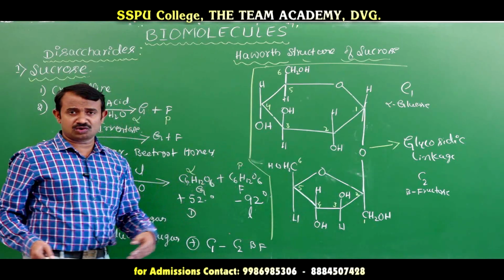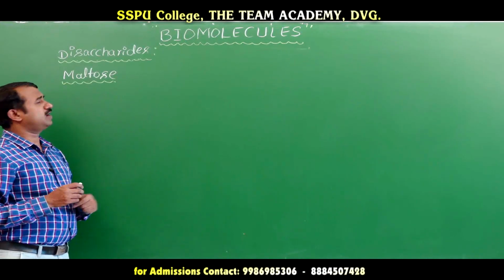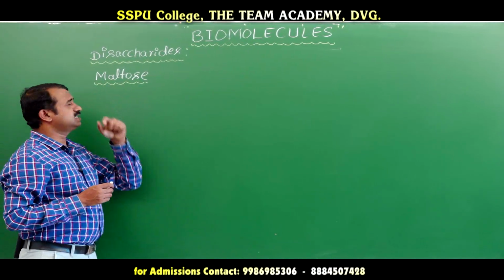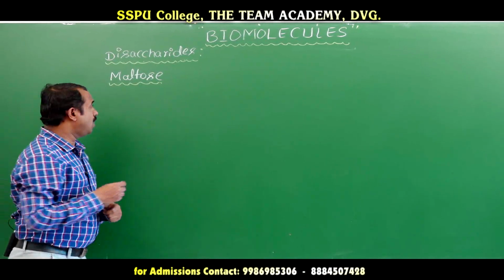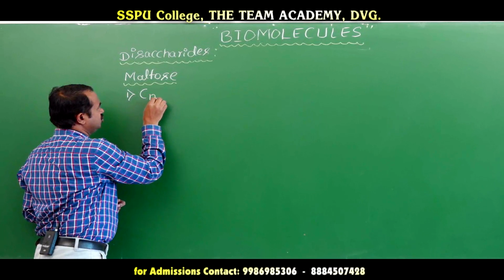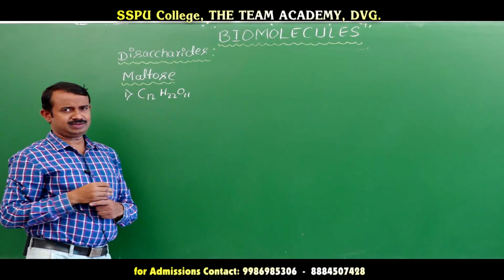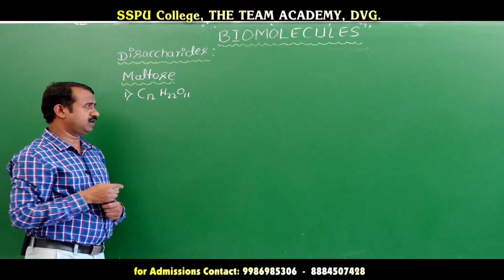Next we will go one by one to another disaccharide, that is maltose. Maltose has the same general formula, C12H22O11.